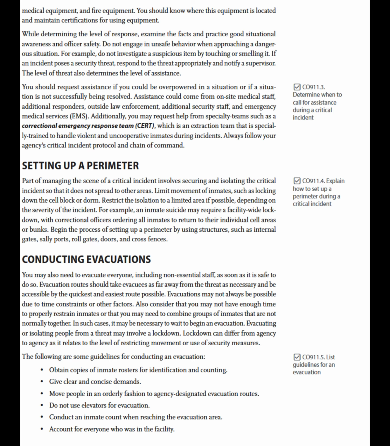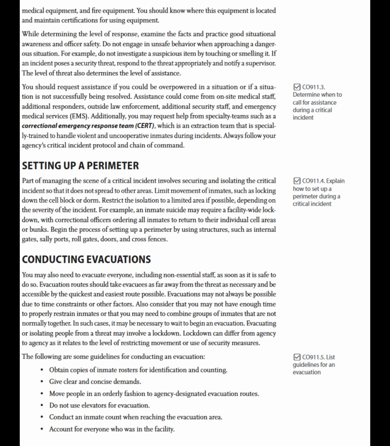Additionally, you may request help from specialty teams such as a Correctional Emergency Response Team, CERT, which is an extraction team that is specially trained to handle violent and uncooperative inmates during incidents. Always follow your agency's critical incident protocol and chain of command.